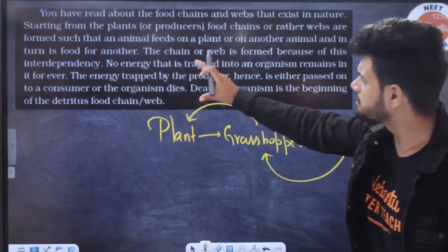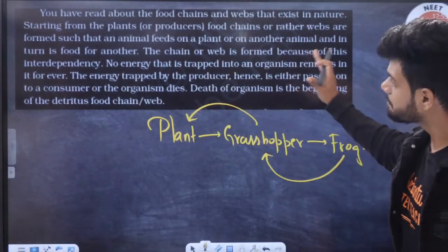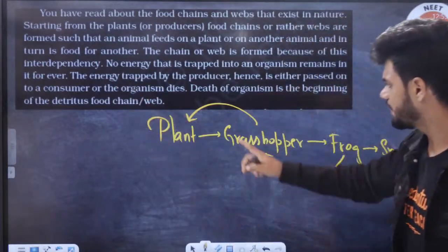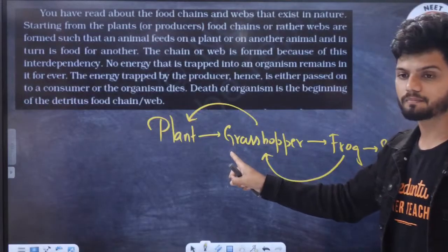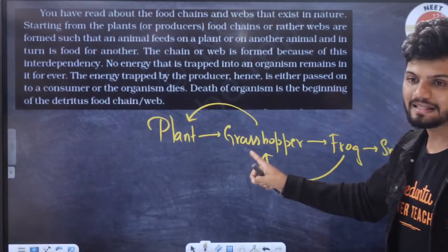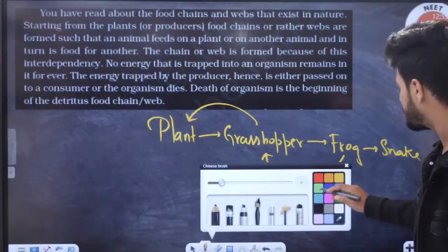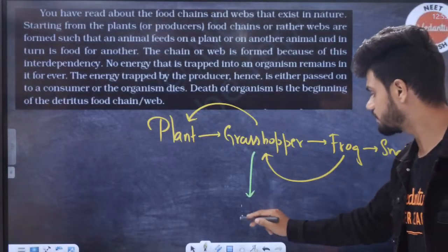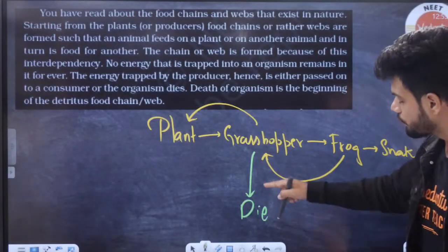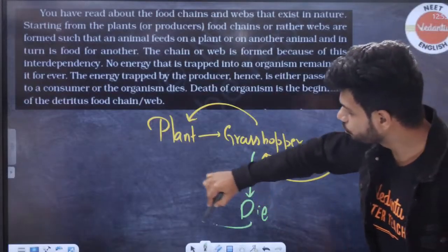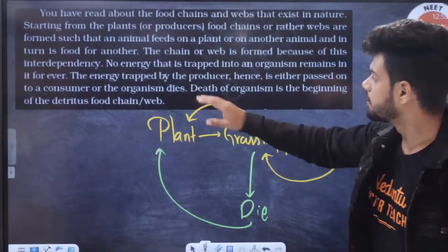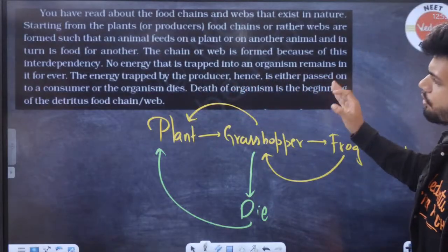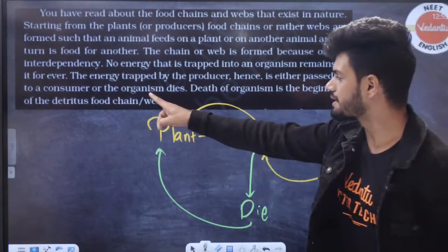No energy that is trapped in an organism remains in it forever. It keeps on transferring. Imagine if no one is eating this grasshopper. What will happen? This grasshopper will eventually die, and nutrients are sent to the soil. From the soil, the nutrients are taken up by the plants again. Now, it is either passed on to the consumer or the organism dies.